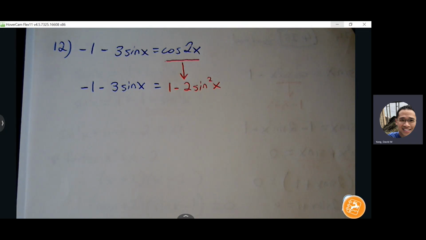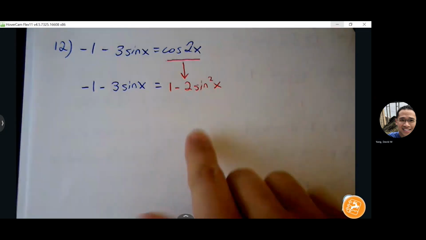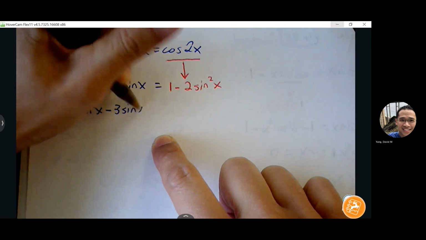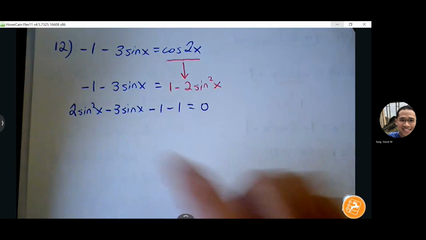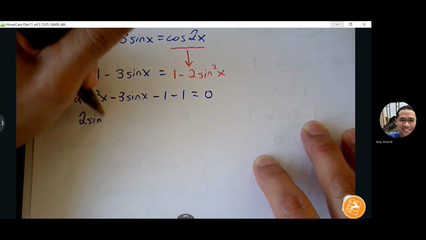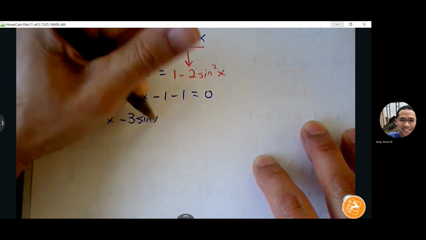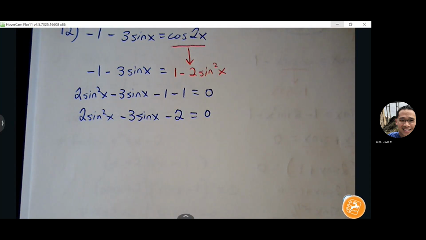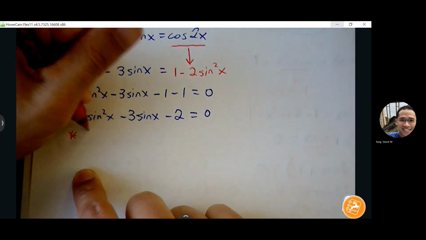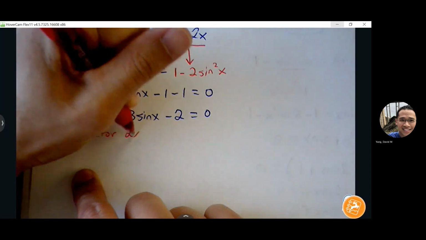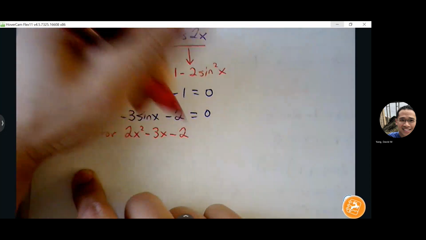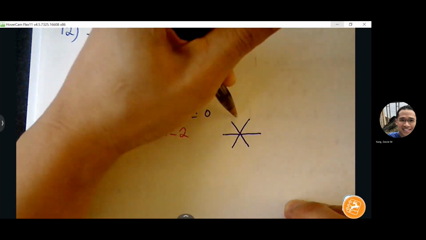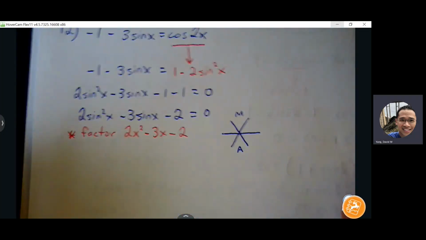Okay, looks like this could be a trinomial factoring problem here. I'm gonna bring everything over to the left side. Okay, multiplies to be -4.